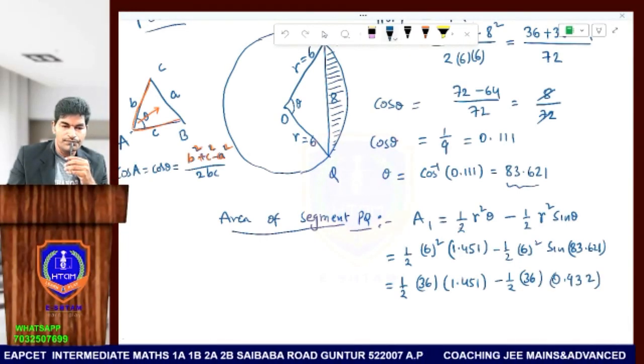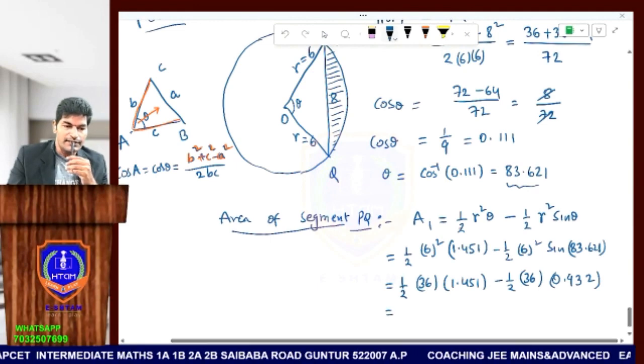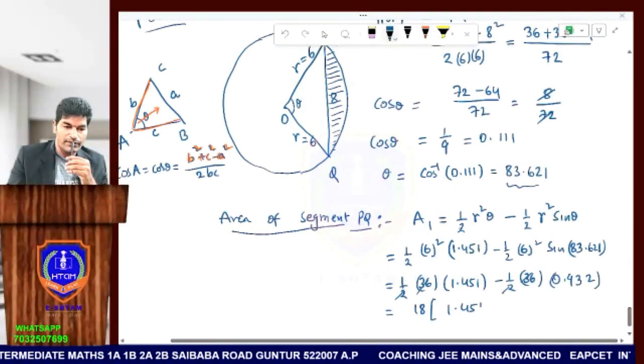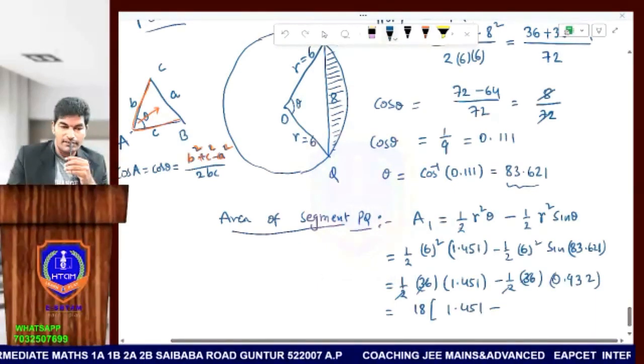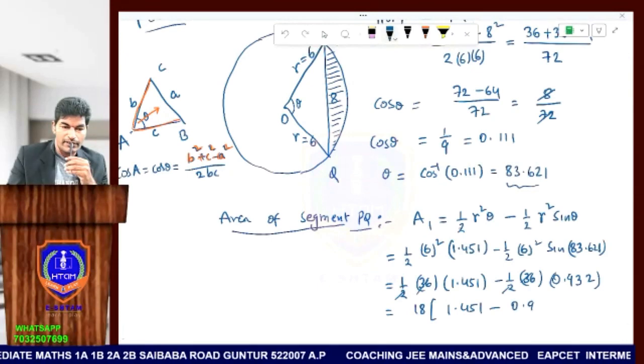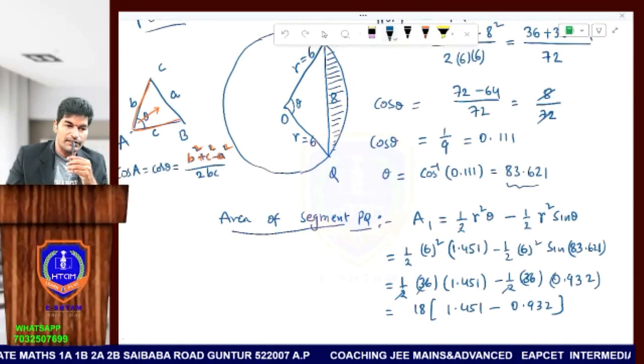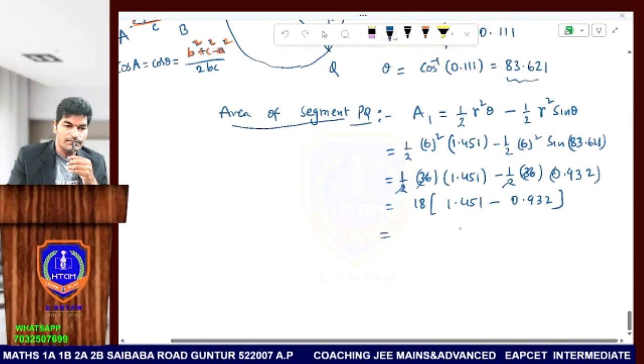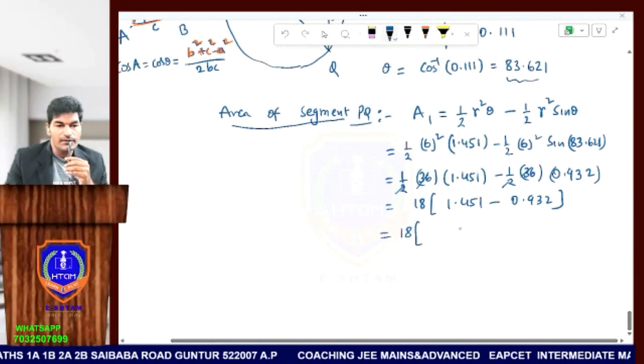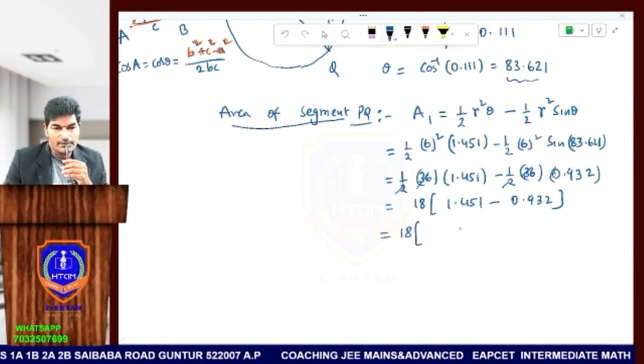Now calculate this. 36 by 2 is a common factor in both numbers, so it will be 18 times 1.451 minus 0.932. Do the subtraction.